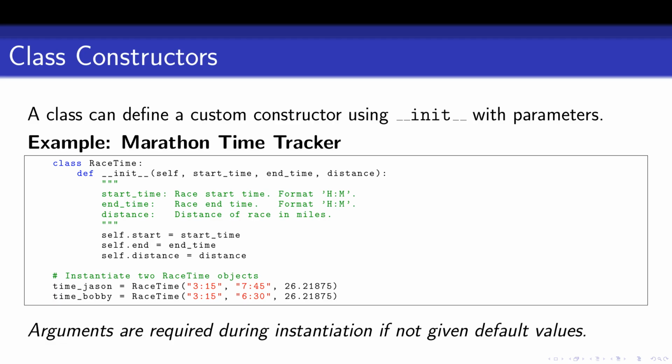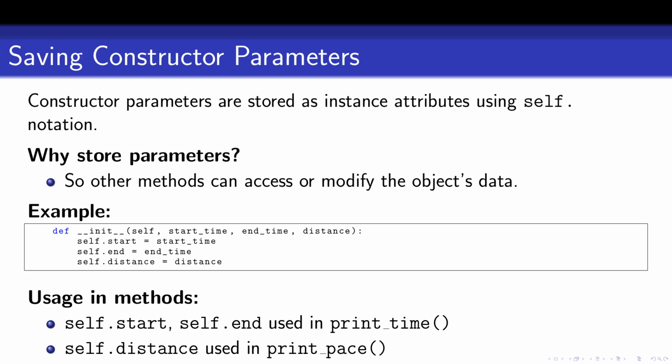A common pattern in Python classes is to pass information into the constructor and immediately save it as instance attributes. For example, you might define __init__(self, name, age), and then store those values with self.name = name and self.age = age.